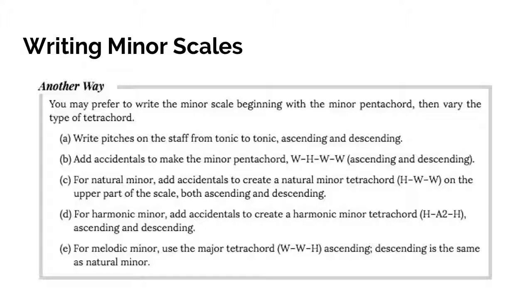Okay, if you're writing the harmonic minor scale, you would need to add the leading tone, which would be a C sharp. Okay, and for melodic minor, you would use the major tetrachord, or you need to raise the 6th and 7th scale degree, so you have to raise scale degree 6, which is B flat, so you make it natural. And then you would add C sharp as the leading tone.